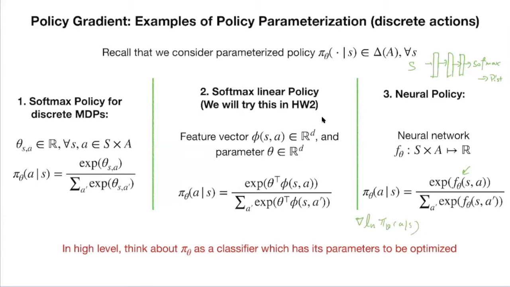We can do that by just implementing this neural net in TensorFlow, taking a log on top of it, and asking TensorFlow to do backpropagation. That gives us the gradient of the log likelihood. And for softmax, for this parameterization, you can just calculate the gradient by hand. This is actually what we will try out in the next homework.